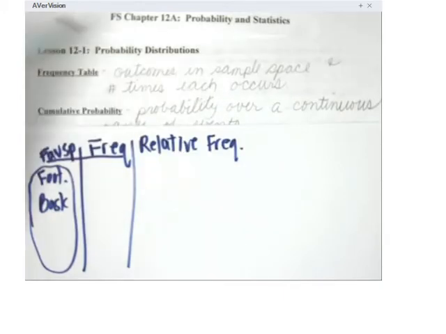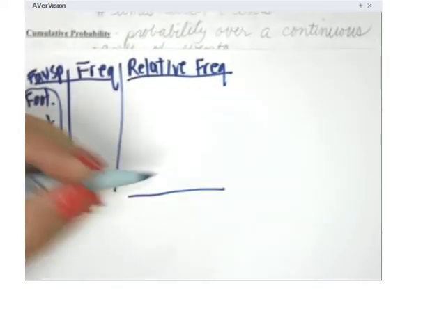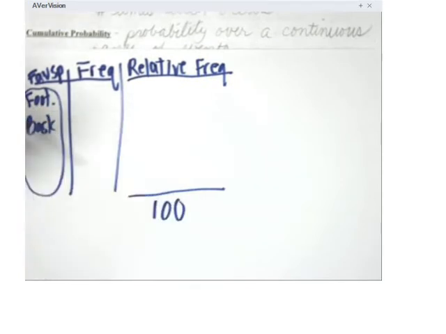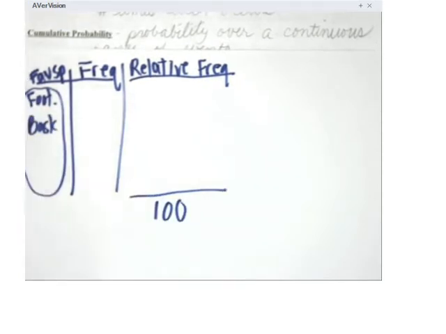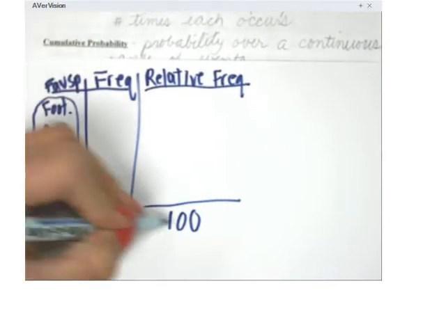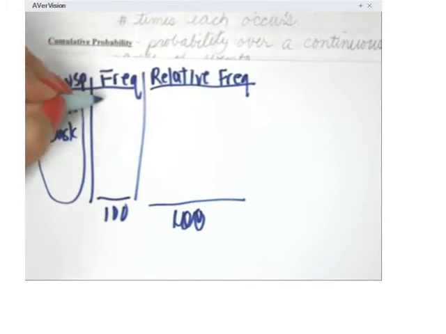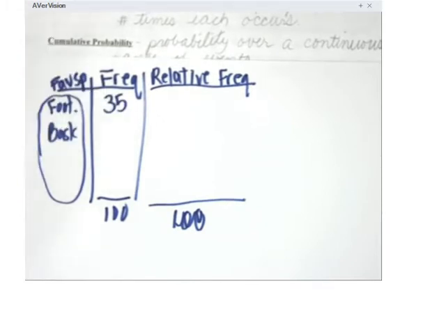It's not in the table, or in the note sheet, but relative frequency, let's say we knew we had a total of 100 people who were telling what the favorite sport was. And let's say that of those 100, and I actually should put that 100 over here. But let's say of the 100 people, 35 people said that their favorite sport was football.